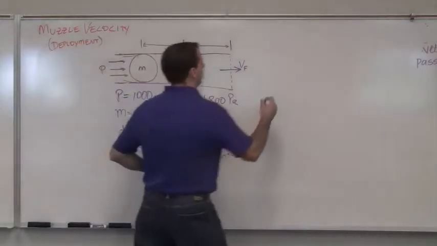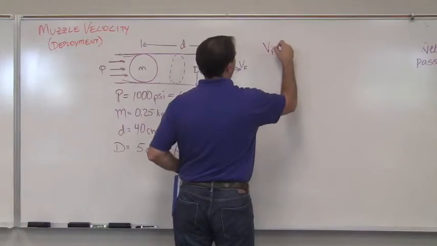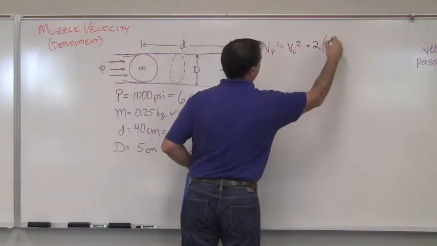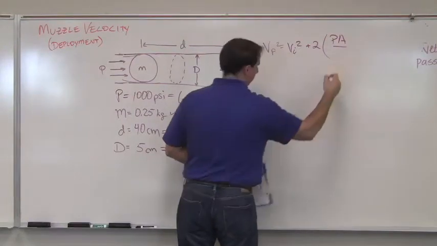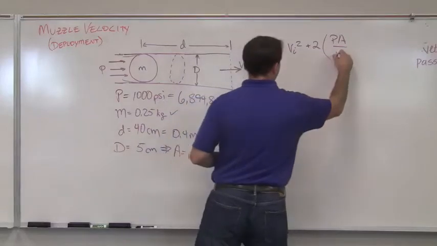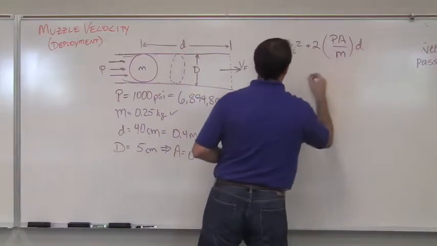So our equation again is V final squared equals V initial squared plus 2 times PA over m times the distance.